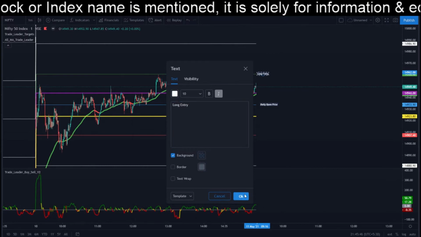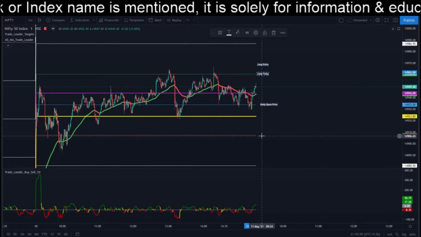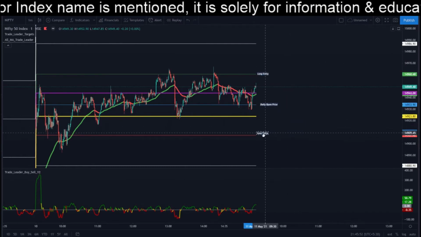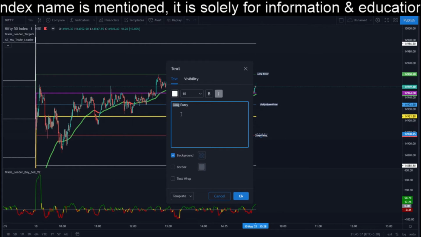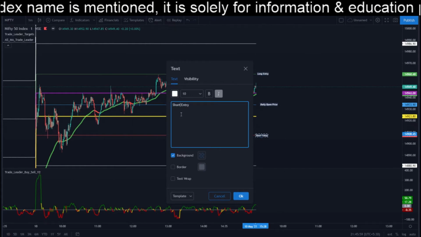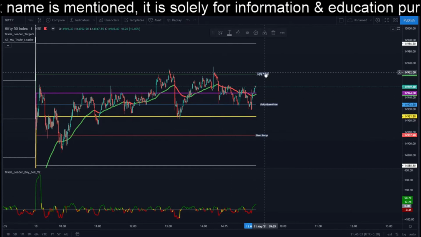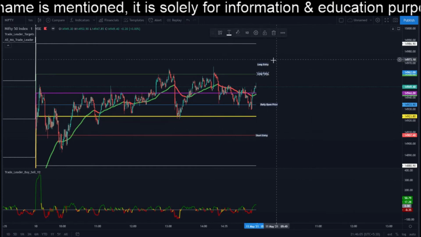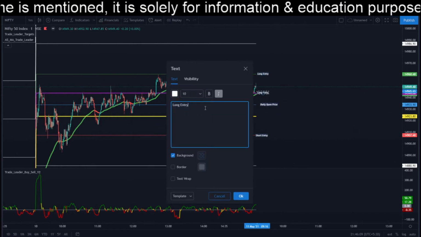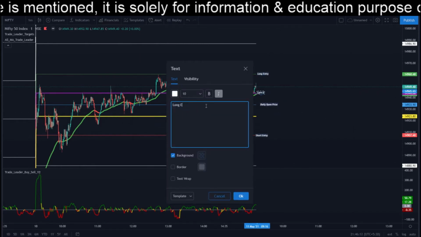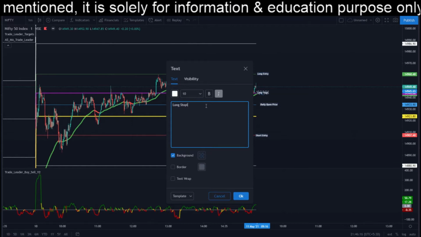Similarly, this red line is short entry price. The purple line indicates the stop loss for your long entry. Long stop, I mentioned it as long stop, that is stop loss for your long position.